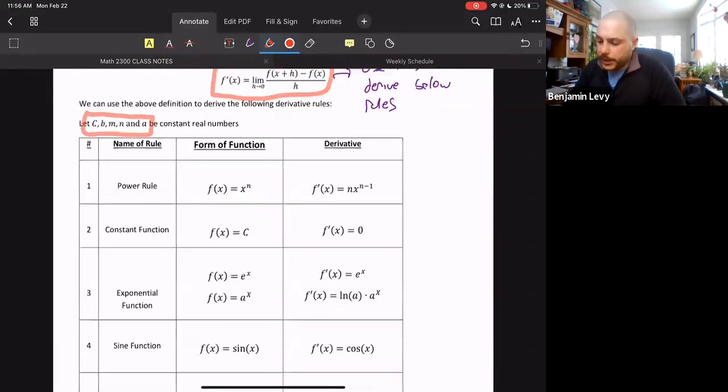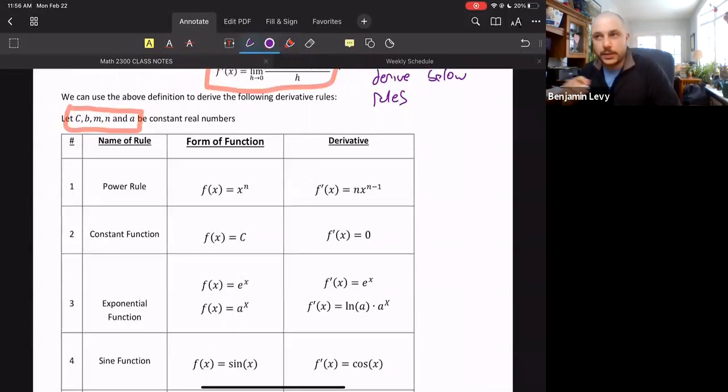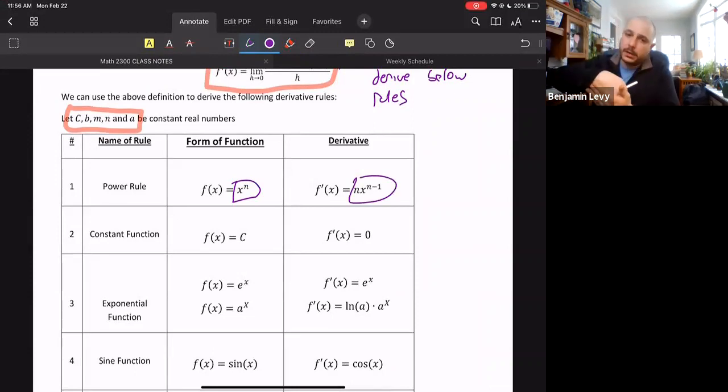And so what the first one tells us, this is the most basic rule there is. This is what the homework's on this week. It's the power rule. It tells us when we have x raised to the power of n, when we take the derivative, you just bring down the power n and subtract 1 off the power. See how that's what that says? Let's do a quick example of that.